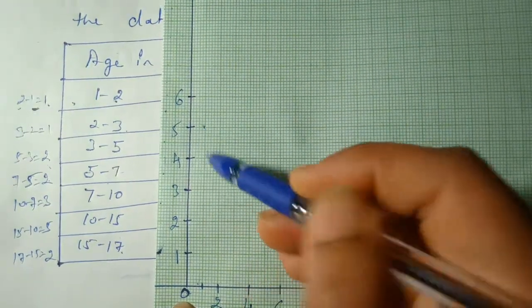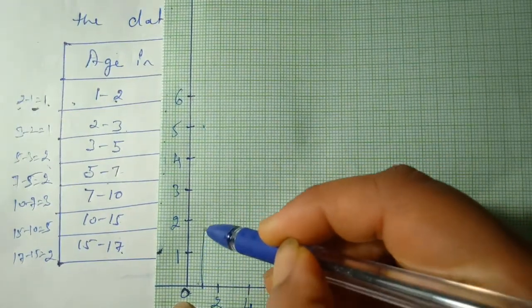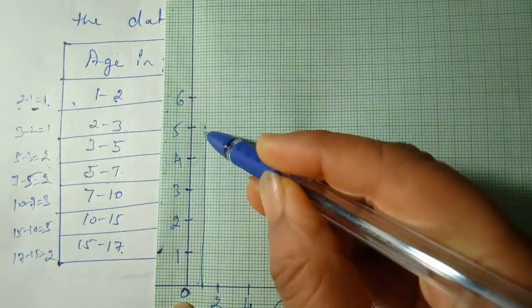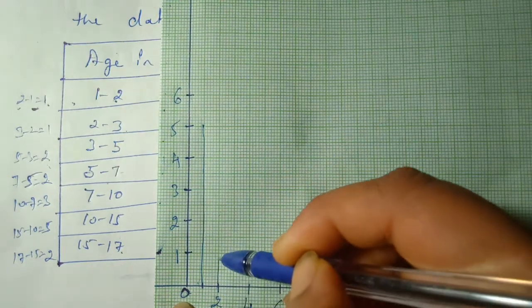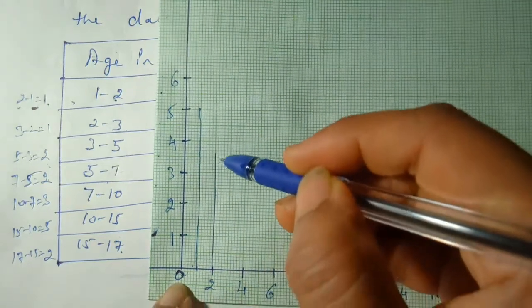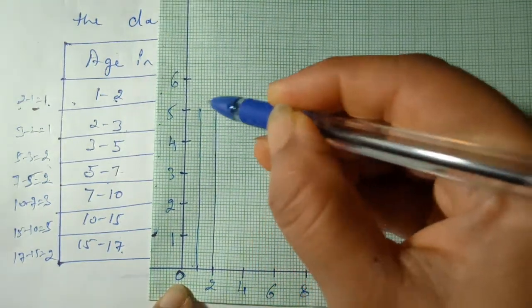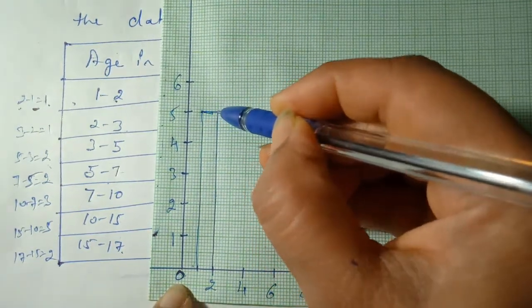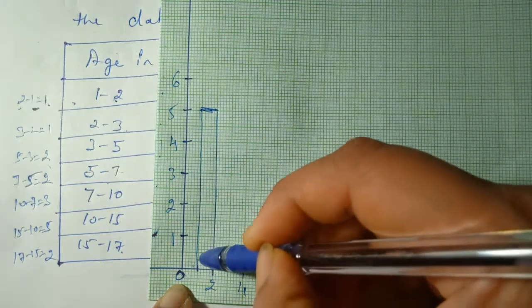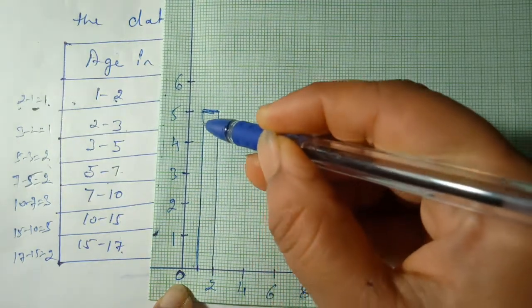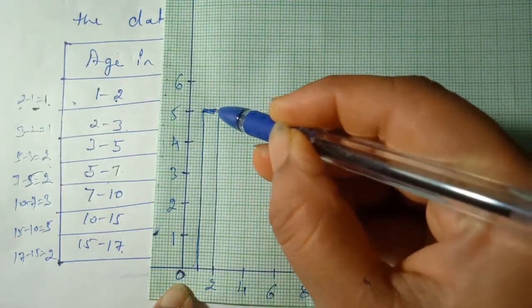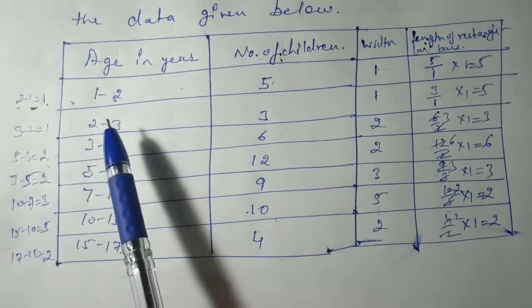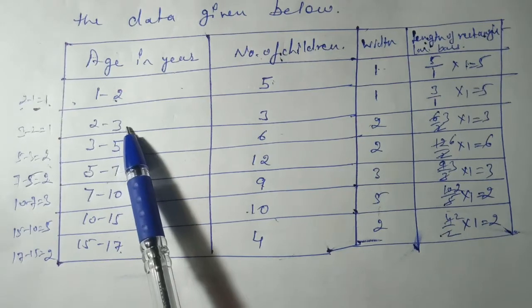So we're going to extend the line of 1 and 2. In this histogram you will get some bars as thin and some will be thicker.